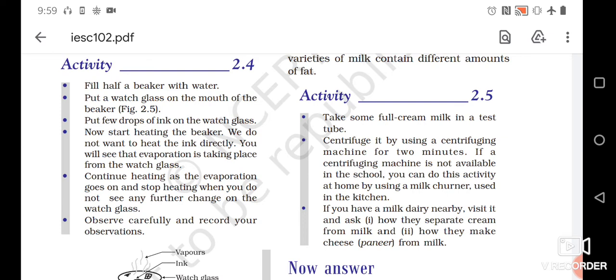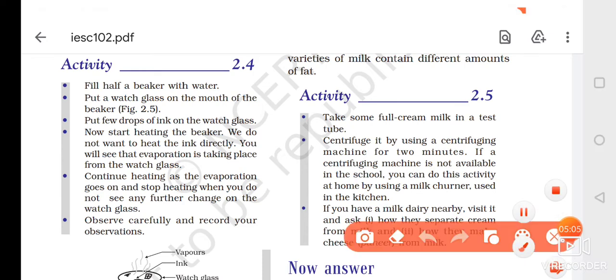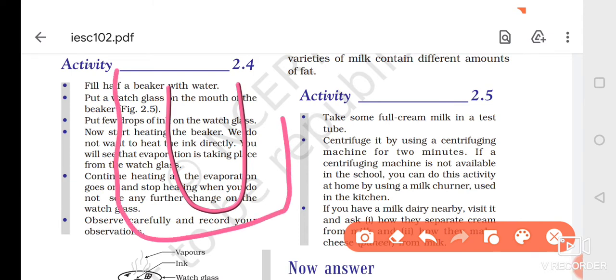So what I do is take my mixture and place it in a centrifuge machine. When this mixture is spinning so fast, what will happen?